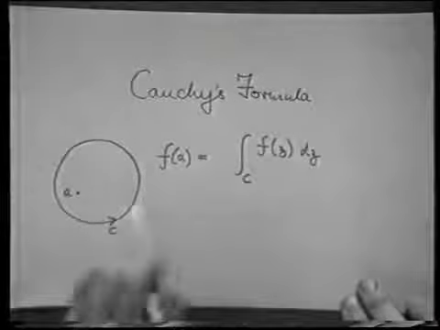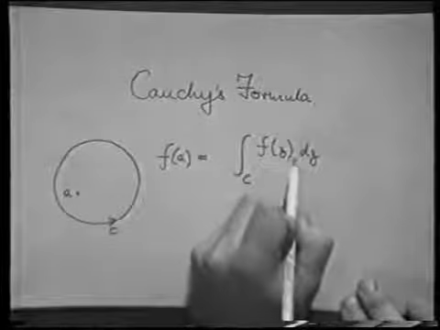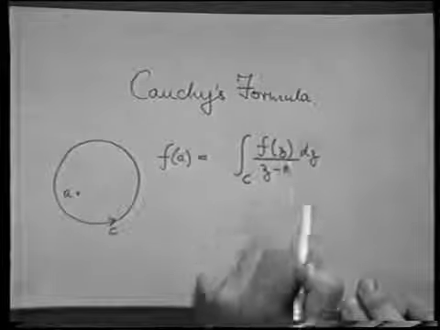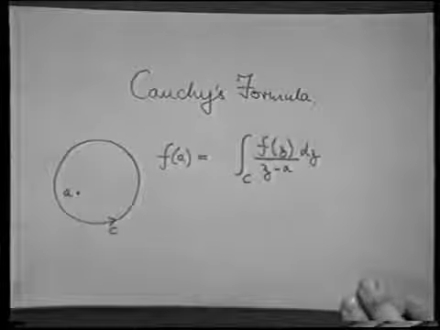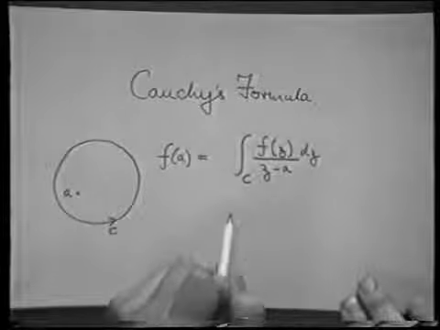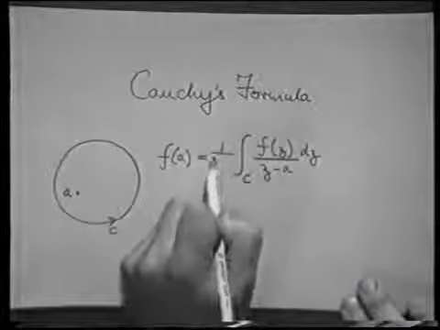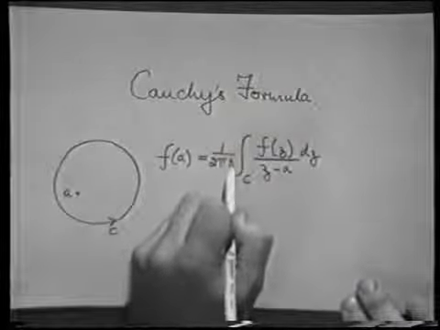And now I've got to work the A into this formula, and I remember that I do that by dividing through by z minus A. Now there's always a 2 pi i floating around in these, and if I put it on this side, it's in the form 1 over 2 pi i.